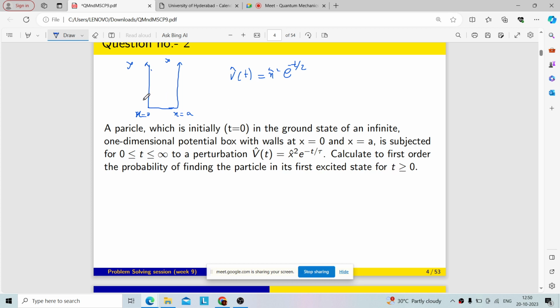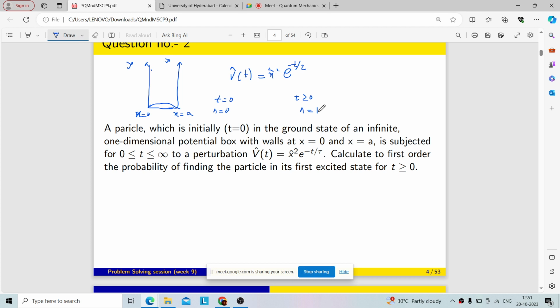Initially at t equal to 0 the particle was in the ground state, n equal to 0, and at t greater than 0 it is in the first excited state, n equal to 1.